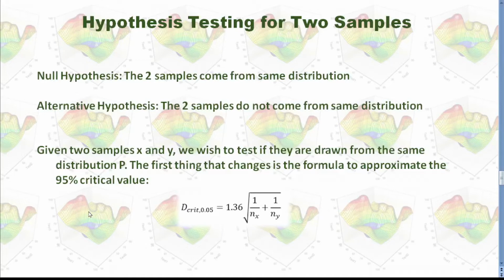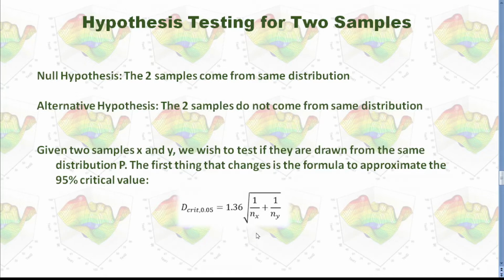As I mentioned in my previous slide, we need to decide our critical value as well. So for the hypothesis testing for two samples, we use this formula to calculate the 95% critical value.